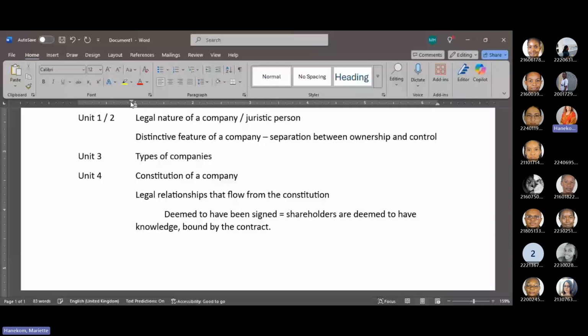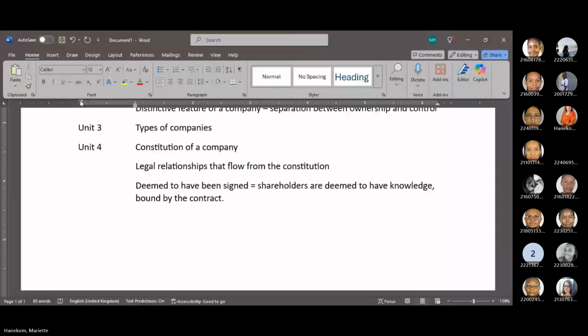Unit 5. Unit 5 was about the capital of a company: the different types of shares, the different classes of shares.